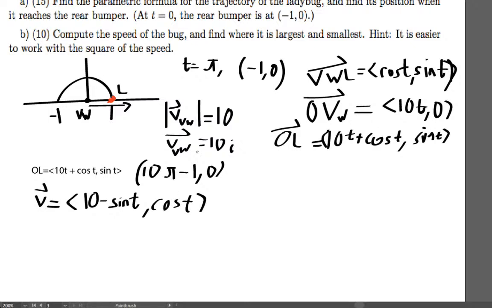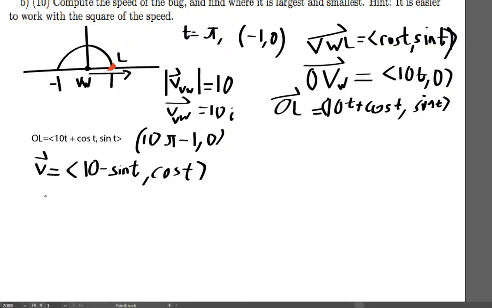And now we just need to figure out what the length of v is. This would equal the square root of (10 minus sine t) squared plus cosine squared t.